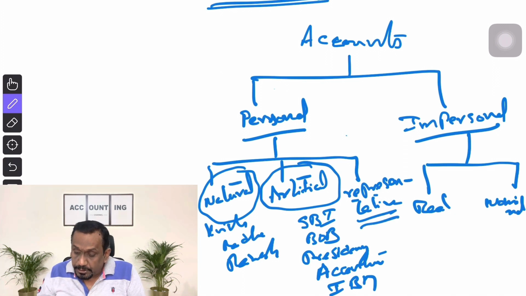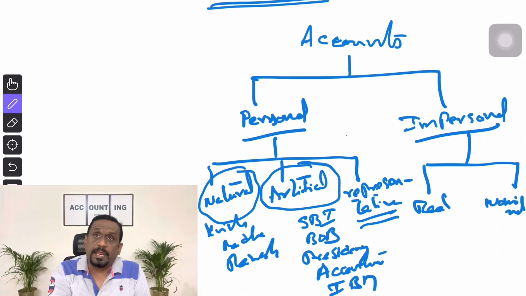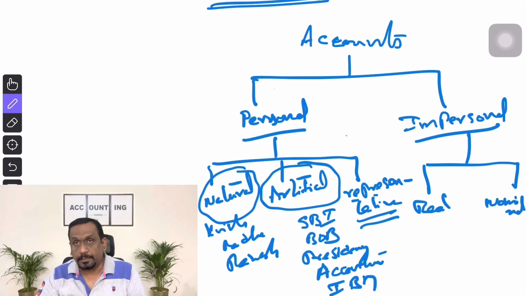Who are those representative persons? Representative persons are those persons created by natural and artificial people, and these representative persons act on behalf of natural and artificial persons. For example, capital. Capital is a personal account.